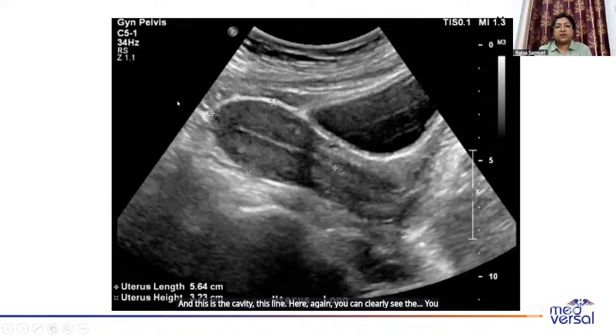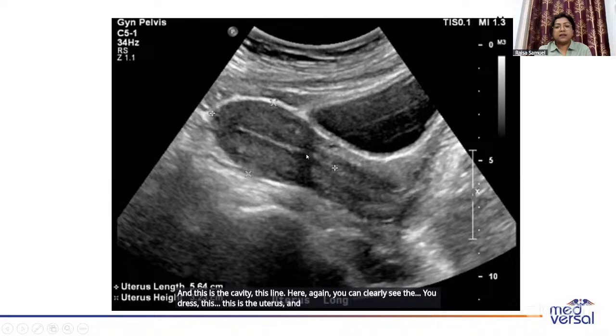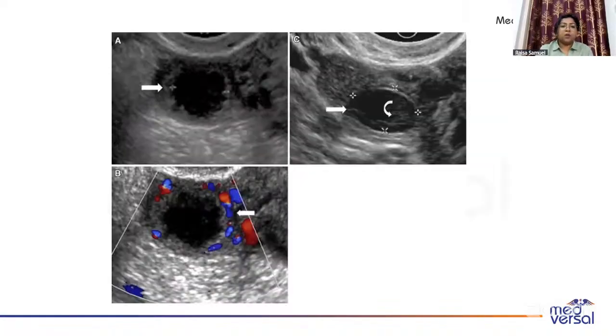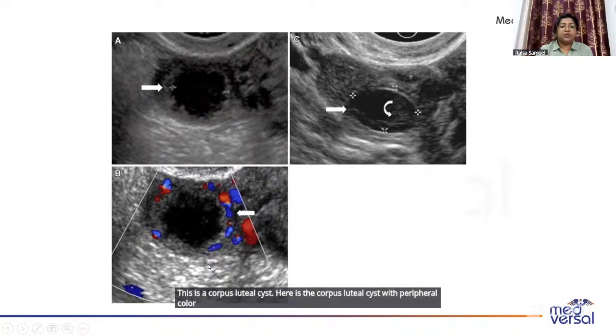This is the uterus, and this is the bladder, and this line will communicate to the cervix. This is the corpus luteal cyst. Here is the corpus luteal cyst with peripheral color flow. When you put color Doppler, then you can see the peripheral color flow.